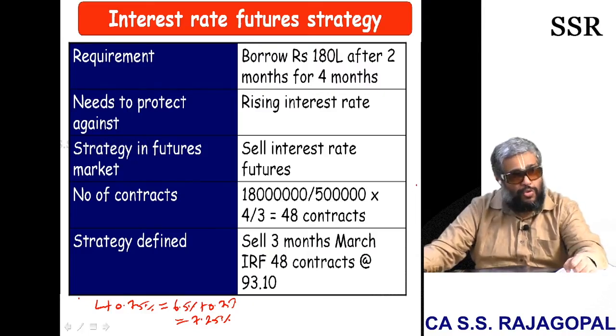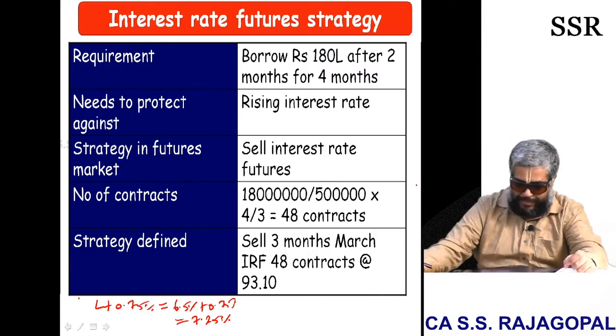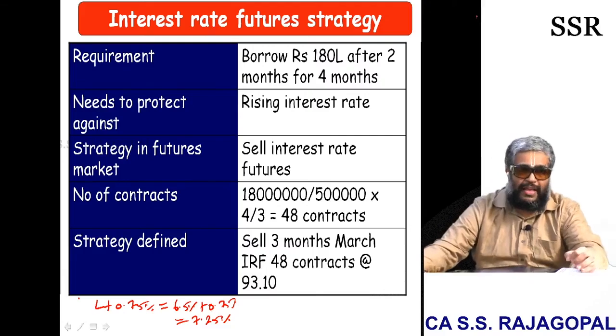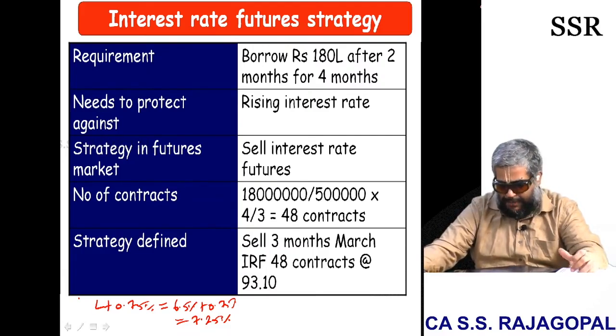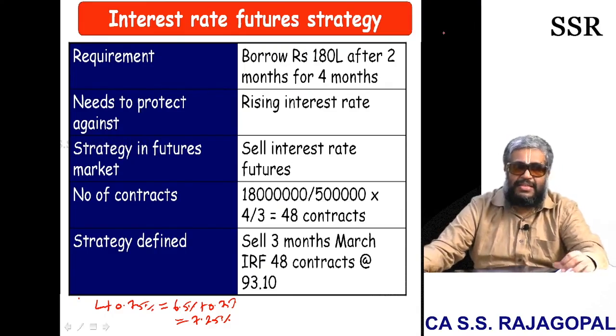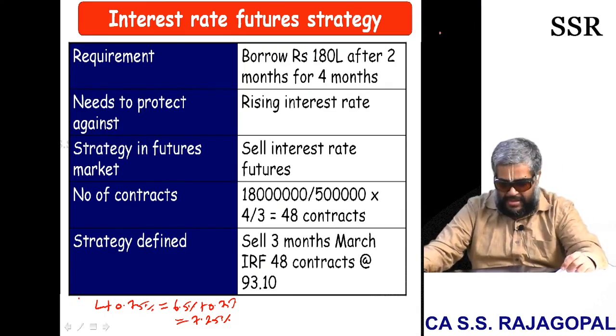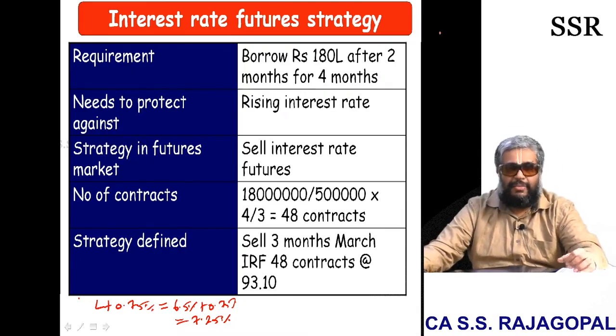If it borrows today, when LIBOR is 6.5%, its interest cost will be 6.5 plus 0.75, which is equal to 7.25%.